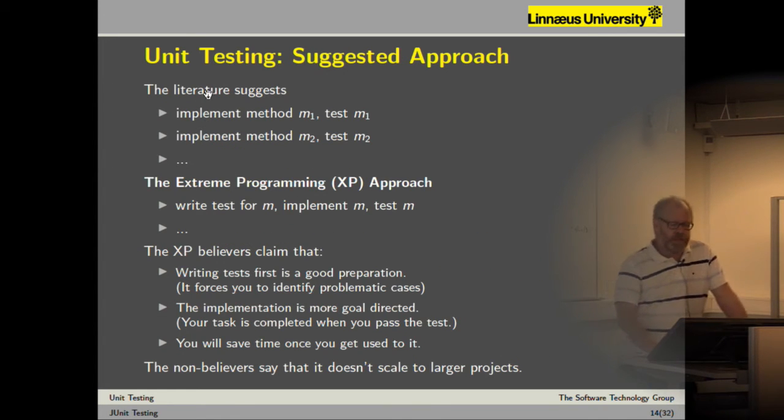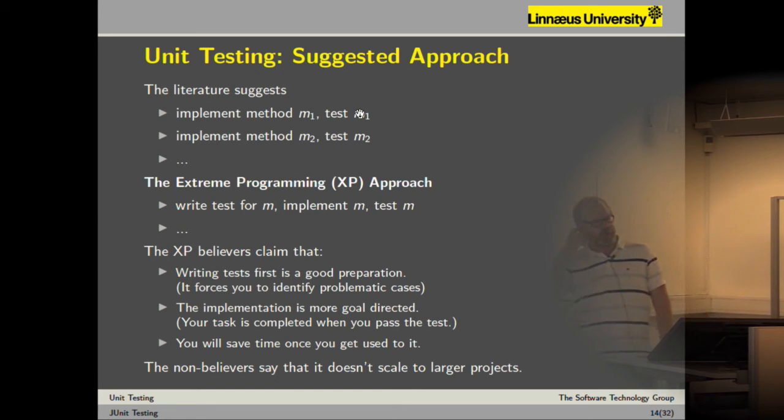So the literature is actually recommending that you implement one method and then you test this method. But I think you're already doing this in some way, maybe without thinking of it. We are asking you to implement a class, you implement one method, then you have some piece of code that you test to see that it works. So you are basically doing this.